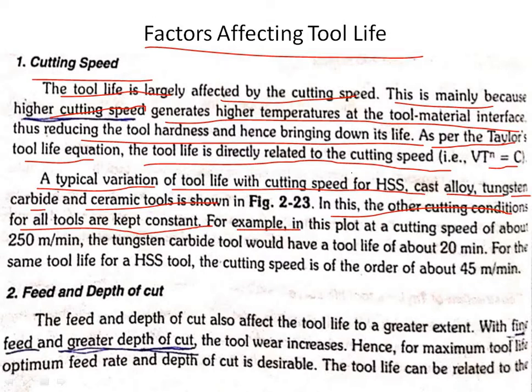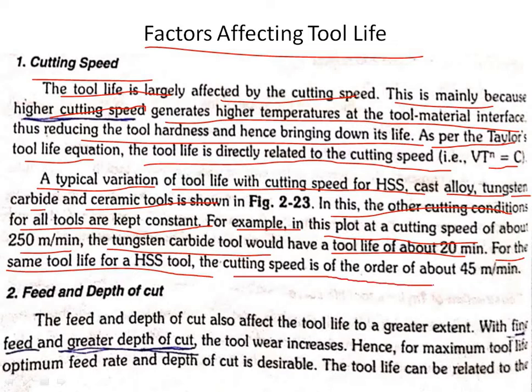For example, in this plot, at a cutting speed of about 250 meters per minute, the tungsten carbide tool would have a tool life of about 20 minutes. For the same tool life for an HSS tool, the cutting speed is of the order of about 45 meters per minute.